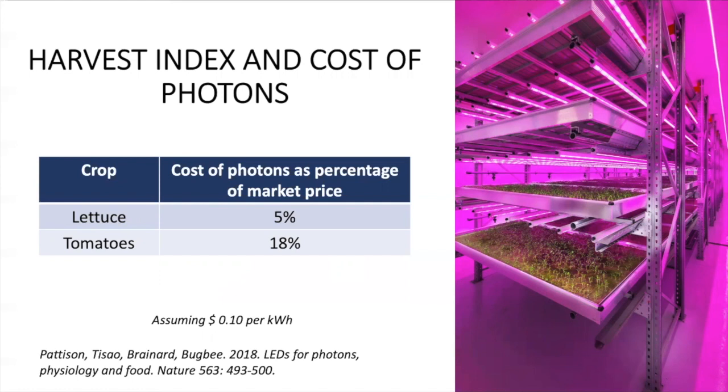In comparison to other plants with lower harvest index, such as tomatoes, where the cost of photons can be around 18%. For plants where harvested material is low in comparison to the total plant biomass produced, cost of production based on the use and cost of light will be higher. This is why most indoor facilities are focused on leafy greens.